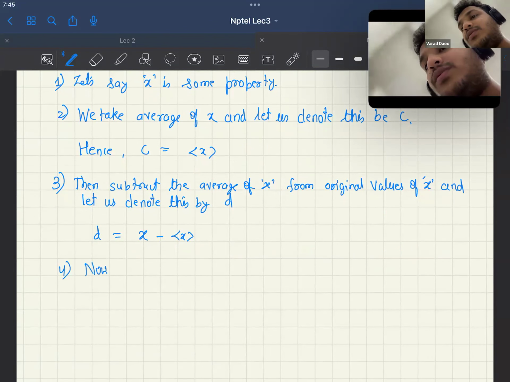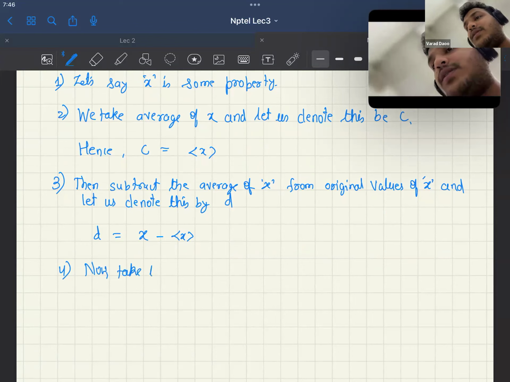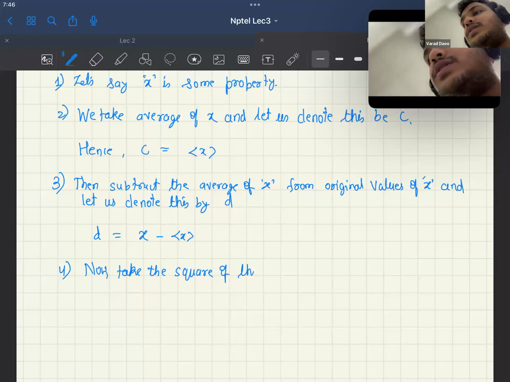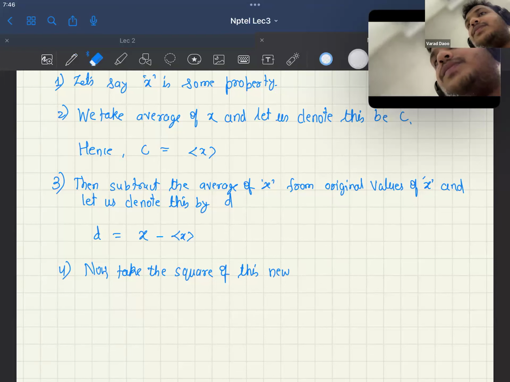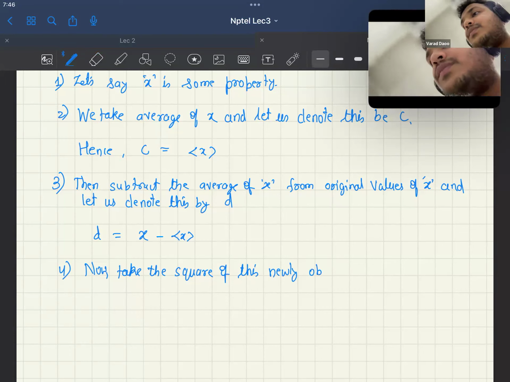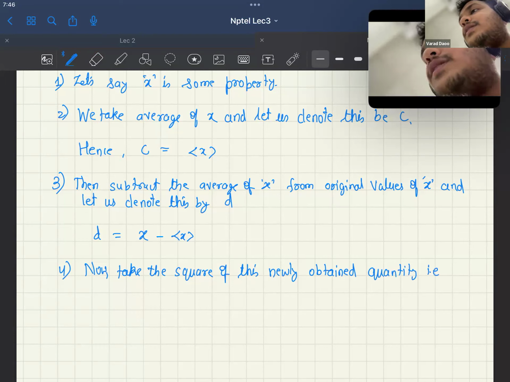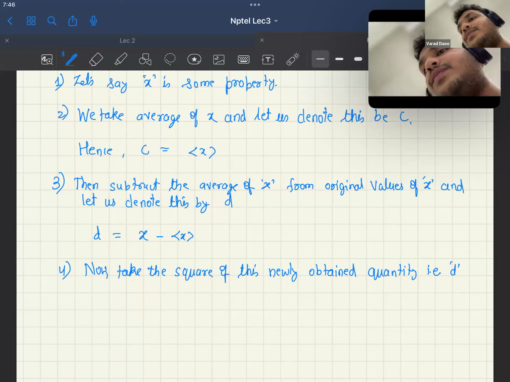Now take the square of this newly obtained quantity, that is d, right?